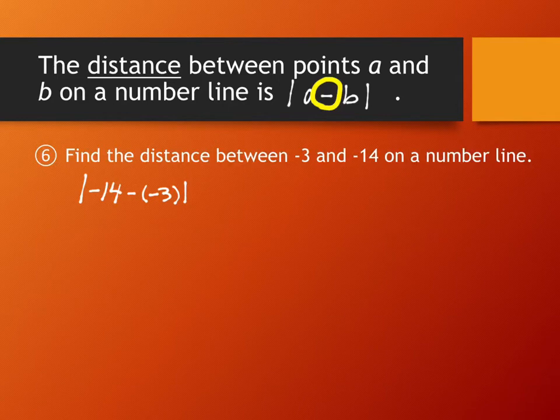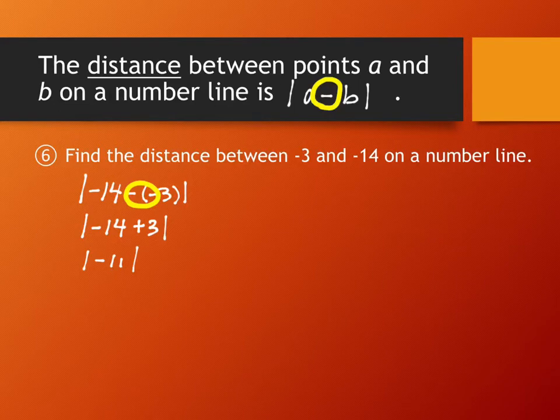A positive number. So the opposite of -3 right here, these double negatives, become a positive for a 3. And now you're to the point of taking -14 and +3. What is -14 and +3? Yeah, it's actually -11. But again, we're talking about distance. And so what is the absolute value of -11?